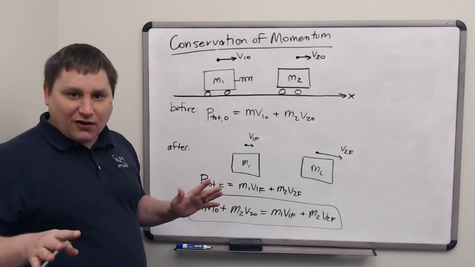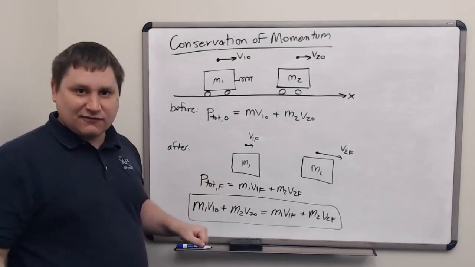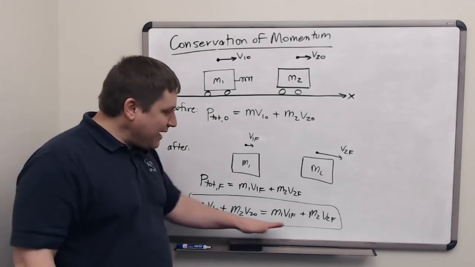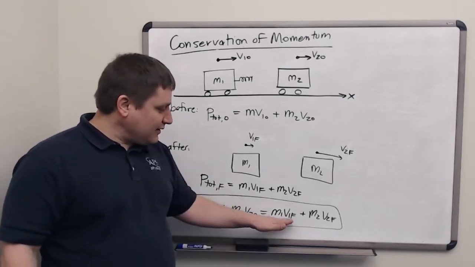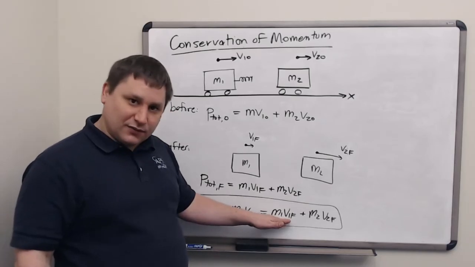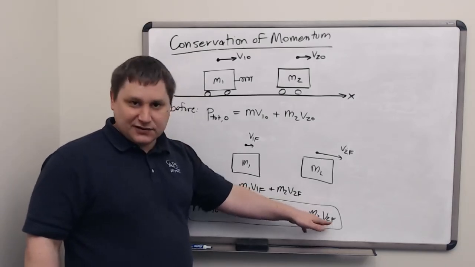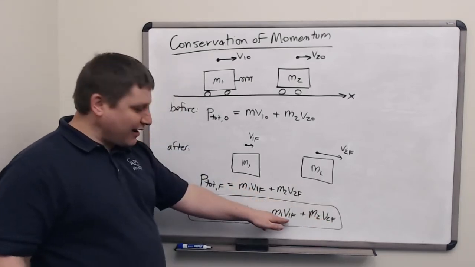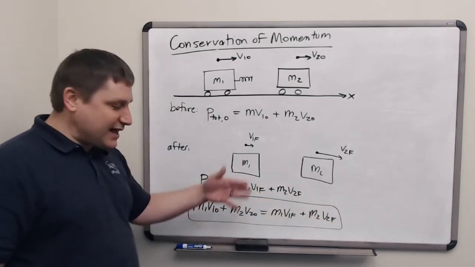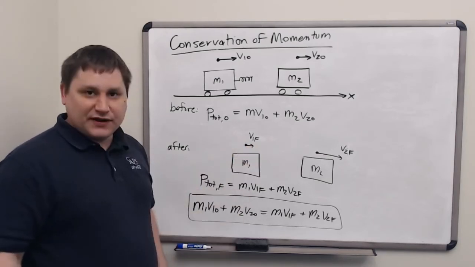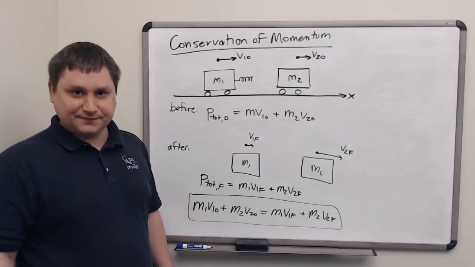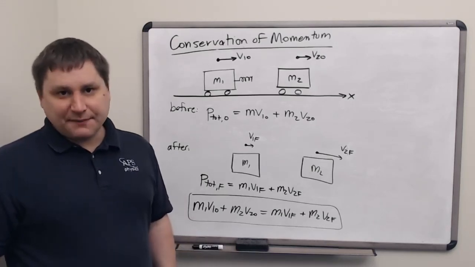We can't solve that exactly using conservation of momentum alone, but we can give a family of answers, right? V1f, if it was known, would require a certain value of V2f. If V2f was known, it would require a certain value of V1f. We can reduce the possible values of V1f and V2f to those that satisfy conservation of momentum. So let's do a quick example showing how this works.